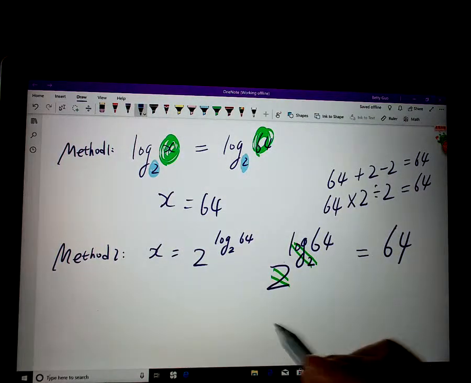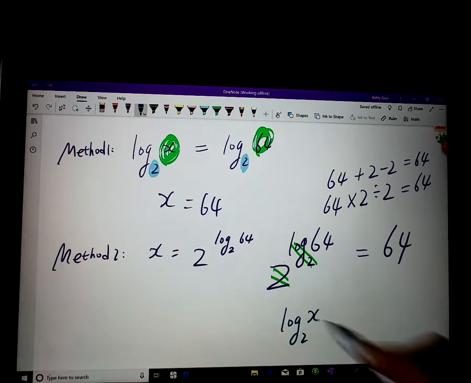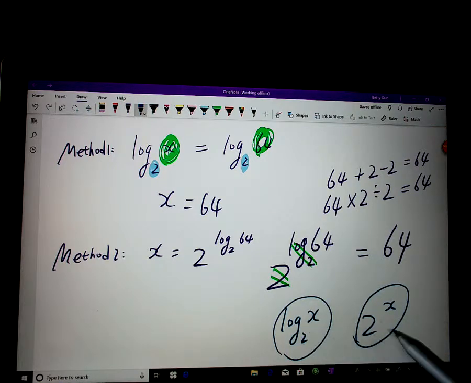In previous videos, we talked about how the logarithmic function is the inverse of an exponential function, right? This is an exponential function with base 2. This is a logarithmic function with base 2. They are inverse of each other.